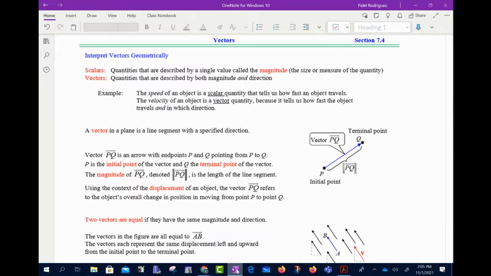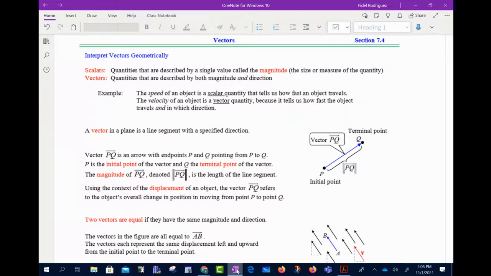By magnitude, guys, we mean length. We've got an example here, and it says the speed of an object is a scalar quantity that tells us how fast an object travels. The velocity of an object is a vector quantity because it tells us how fast the object travels and in which direction.